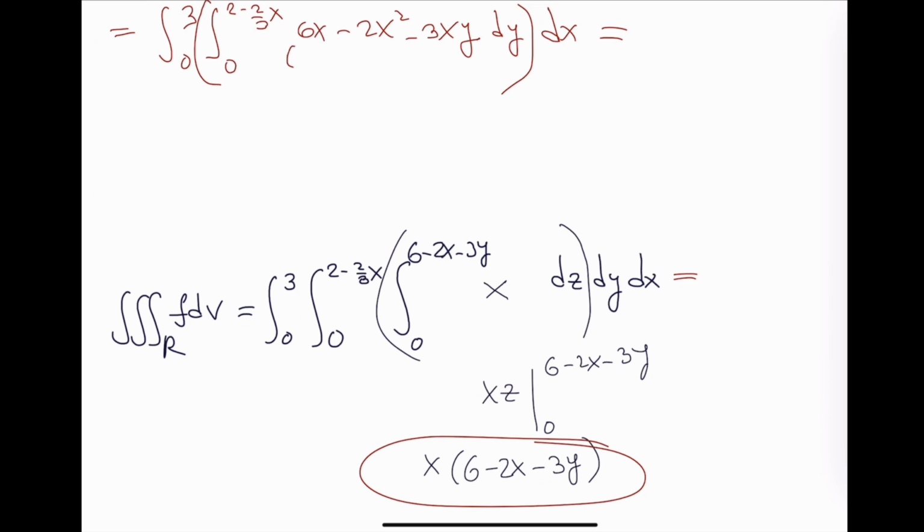So this is going to be then our next integral. So we are going to calculate the primitive of this with respect to y, right? So considering now that the variable is y. So the primitive of this with respect to y is going to be 6xy minus 2x squared y minus 3xy squared over 2. And we need to evaluate this between 0 and 2 minus 2/3 x.